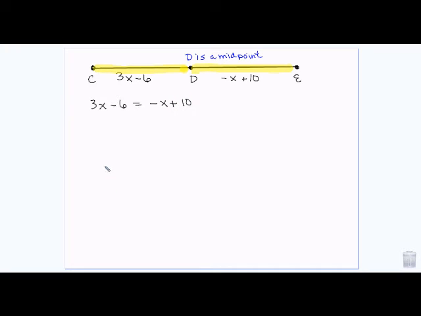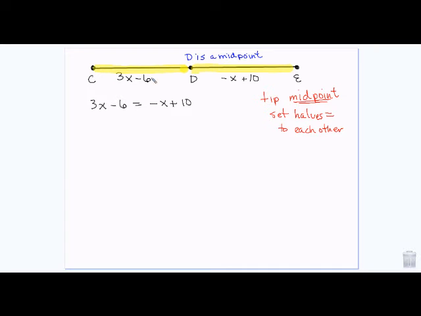Giant tip: if you see the word midpoint, you set the halves equal to each other. That's the key word right there, midpoint. That tells you to set the 2 halves equal to each other.